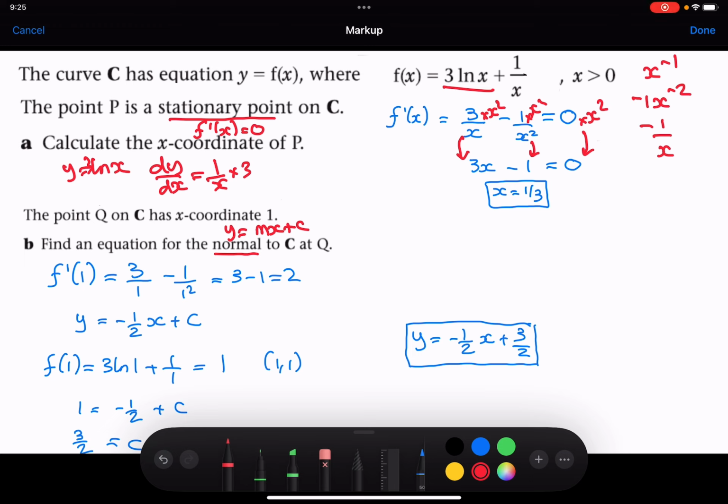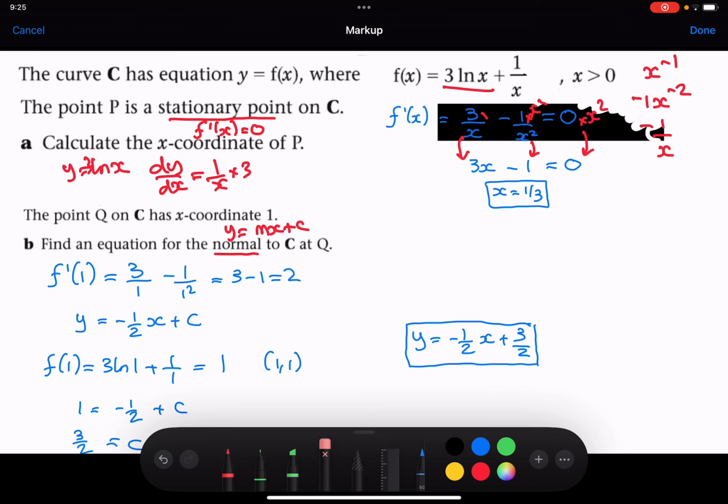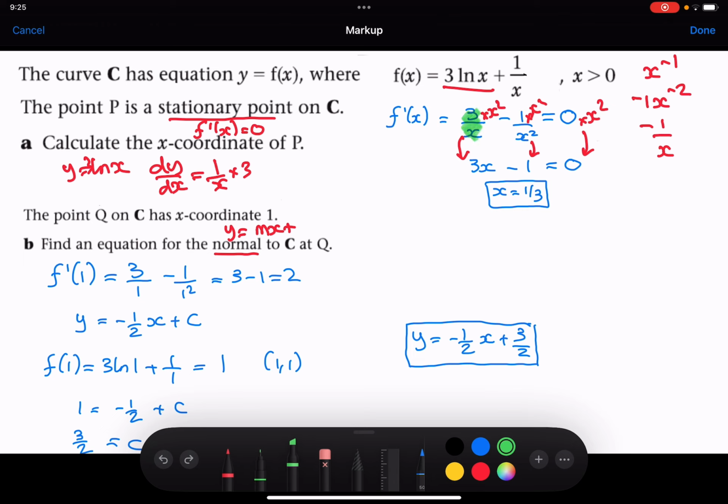In order to work out the gradient, I'm going to use the gradient function, this 3 over x minus 1 over x squared. If I substitute 1 into that, I get 3 over 1 minus 1 over 1 squared. So that's 3 minus 1, which is 2. So the gradient of the curve is 2.